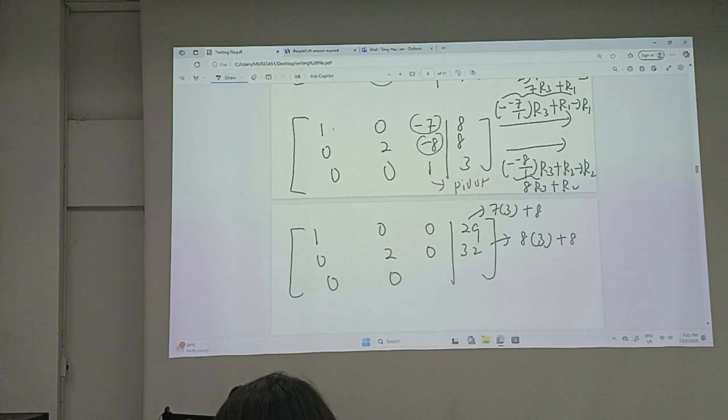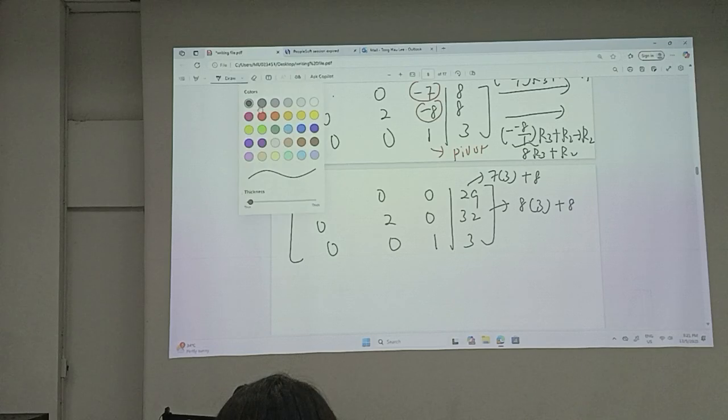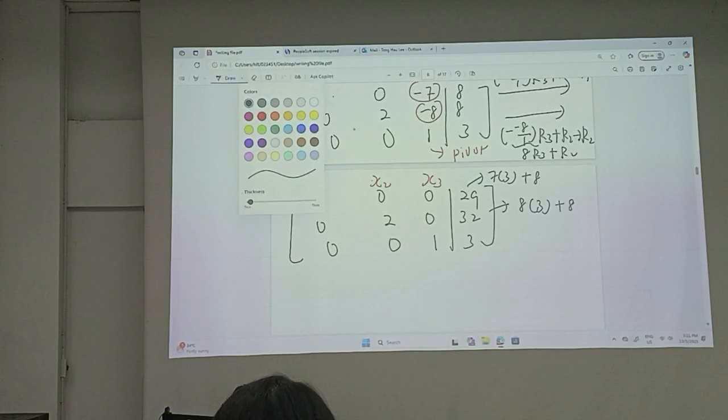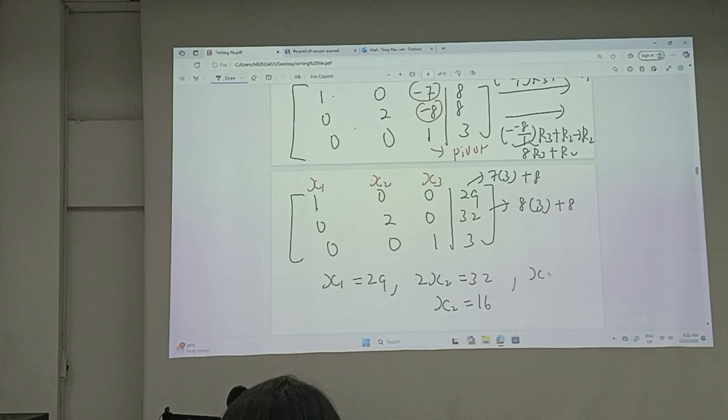Same as just now. Okay. So pivot row remains unchanged. So now we can solve it. 1 times S1 equal to 29. 2 times S2 equal to 32, so S2 is 16. S3 equal to 3. Okay.